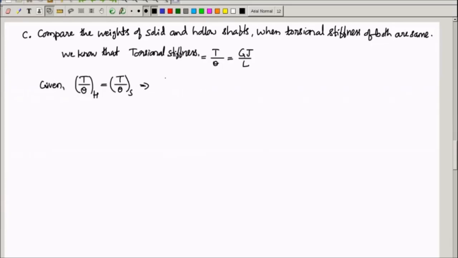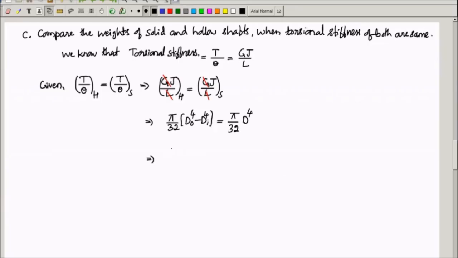So GJ by L of the hollow shaft is equal to GJ by L of the solid shaft. Cancel G because the material is the same, and cancel L also because the length is also the same. This is nothing but pi by 32 (d naught power 4 minus di power 4), which is J of the hollow shaft, and it will be equal to pi by 32 into d power 4.